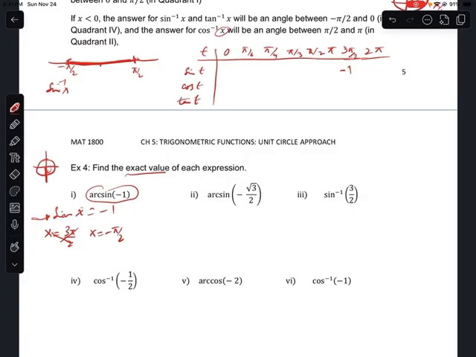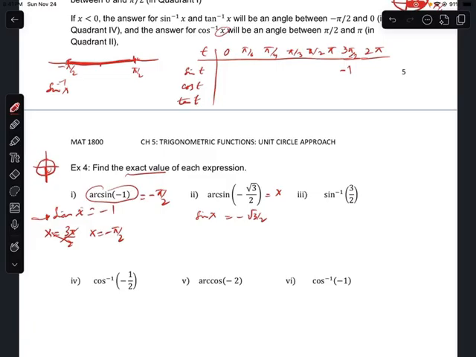Now our answer, because we got this equation from the arc sine expression, we cannot have a value outside the interval negative pi over 2 to pi over 2, because that is the range of sine inverse x. So although you might come up with 3 pi over 2, the position is correct.